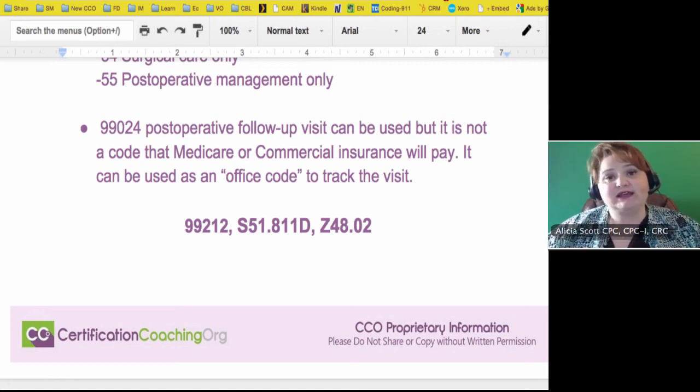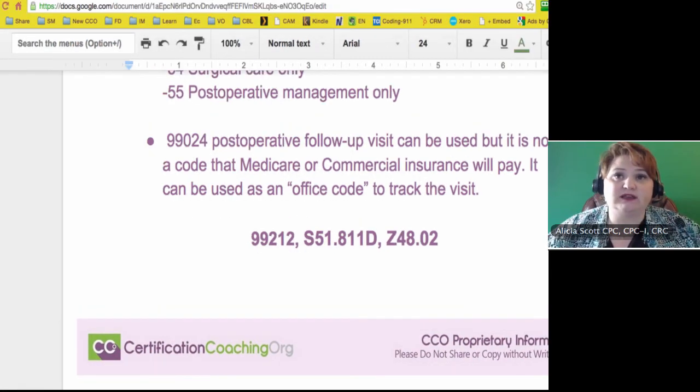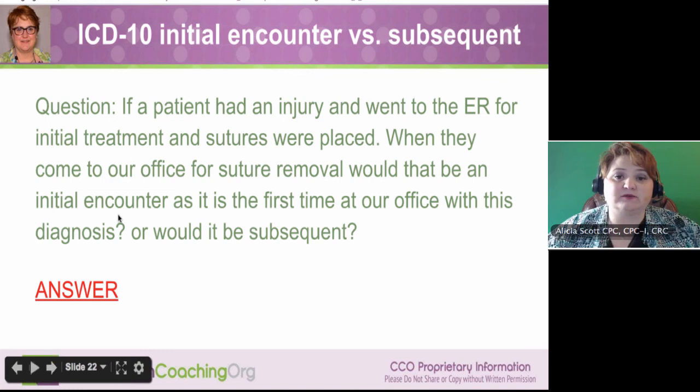So again, the answer is it's a subsequent encounter, and hopefully that'll give you some more information on what you can look for in the encounter to justify your 99212.